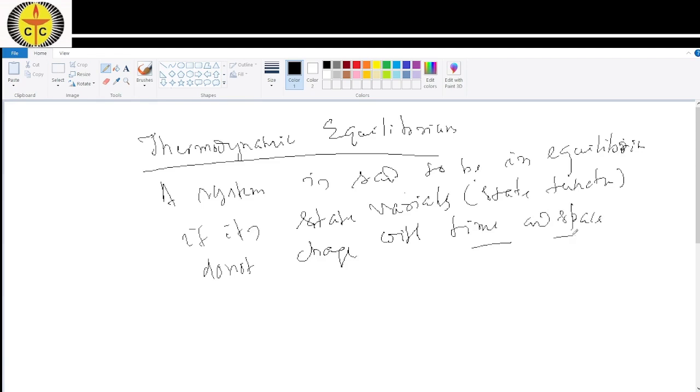Then the system is said to be in thermodynamic equilibrium.